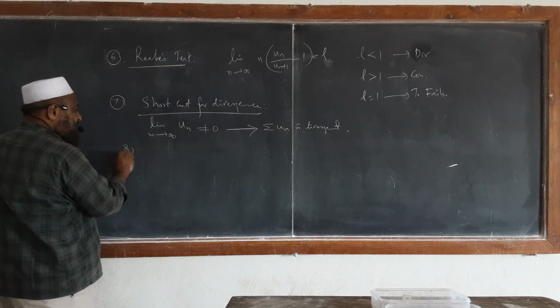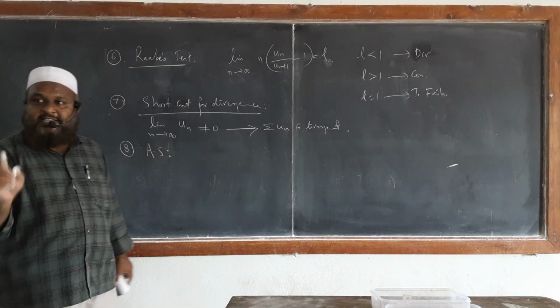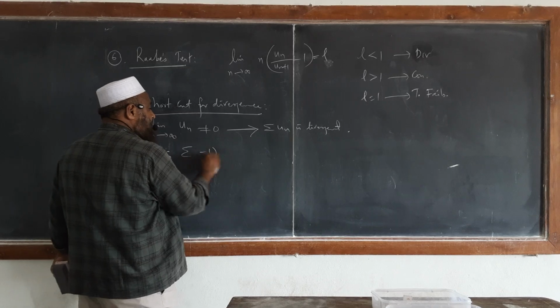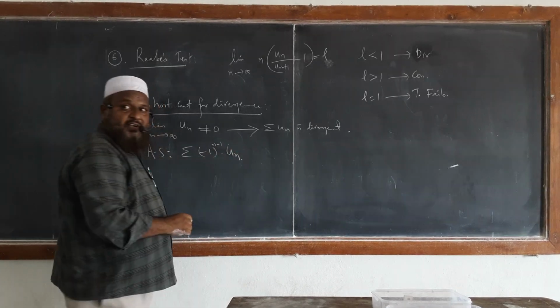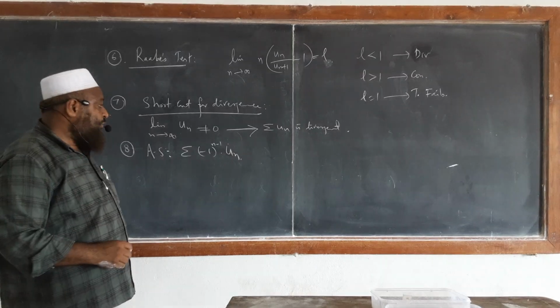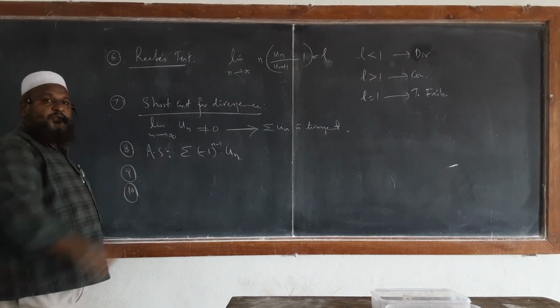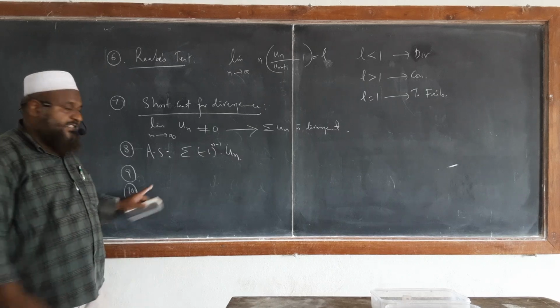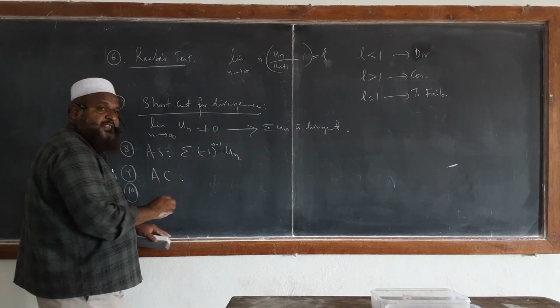Next, coming to the last concept, that is alternating series. How it will be? Sigma minus 1 power n into un. This is an alternating series. There are two types of convergence. Absolute convergence. When do you say absolute convergence?